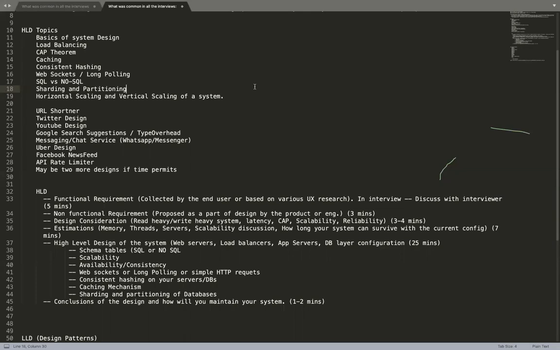They won't expect you to come up with non-functional requirements or how you will design your system, but in general they should be able to come up with a high-level design of the system, or at least understand it. So it's equally important for roles related to engineers or PMs. For PMs, you don't need to go into the details of each of this, but as an engineer, you should know all these things.